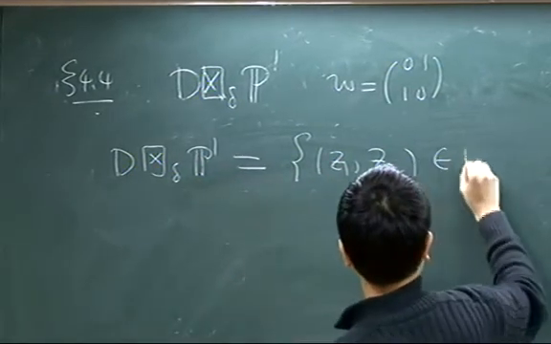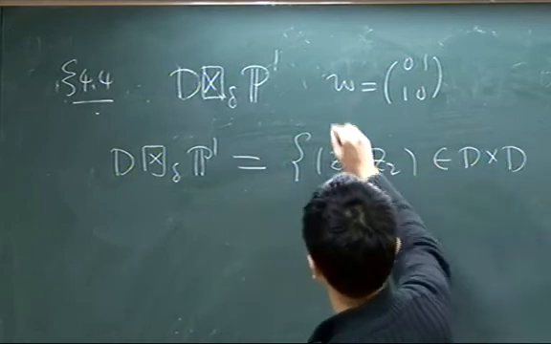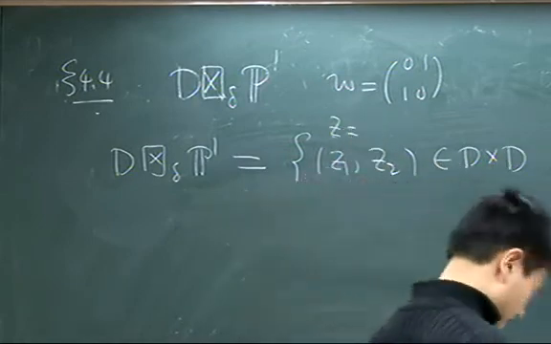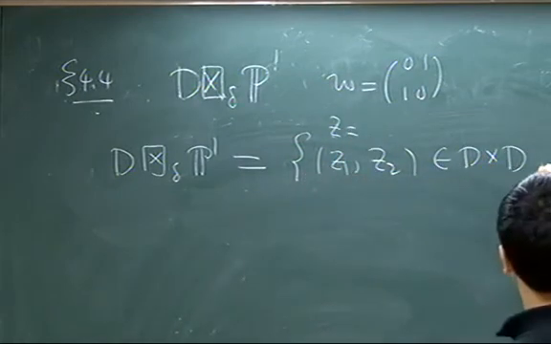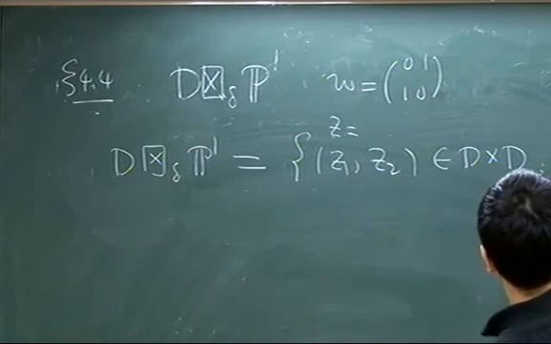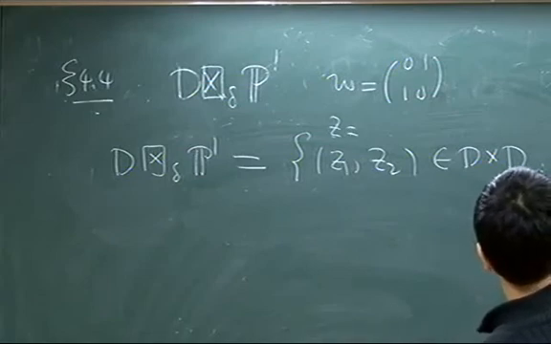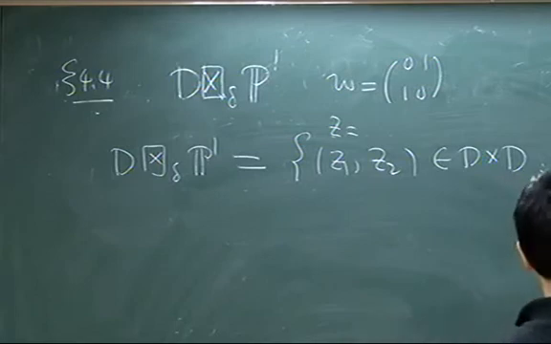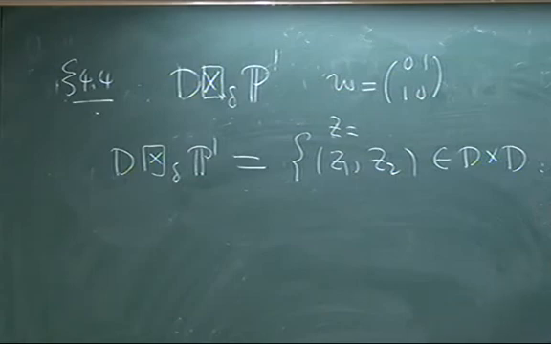It's contained in D times D. So you say this is Z, and the restriction of Zp cross Z2 is the restriction. It's just Z1.